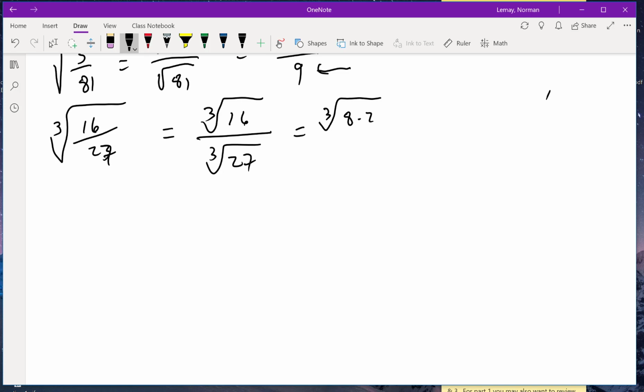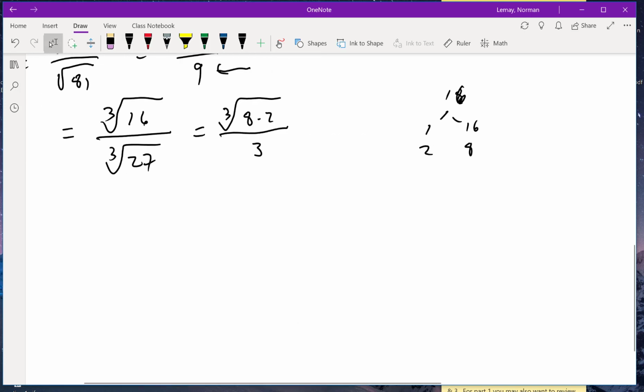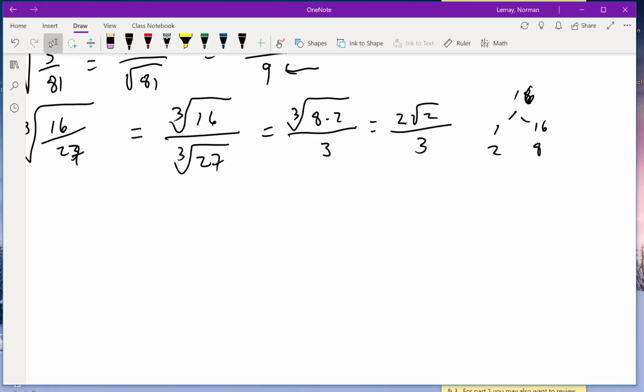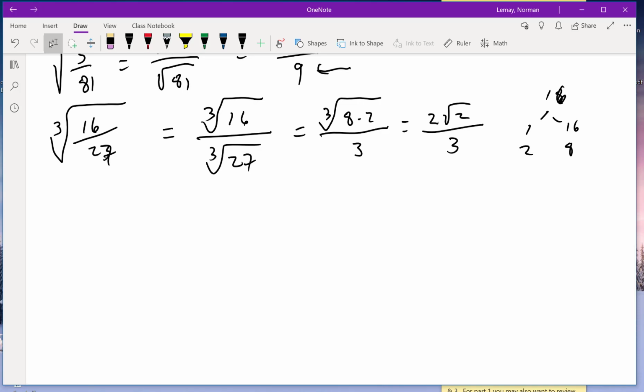So again, you can come over here and do your 16 is 1 times 16, or 2 times 8, just to come up with your factorization to help you out. And we already know that the cubed root of 27, we've seen this a plethora of times, is already 3. Whereas this now, notice that this 8 comes out of the cubed root as a 2, so we get 2 times the cubed root of 2 divided by 3. So we have now simplified that fraction.